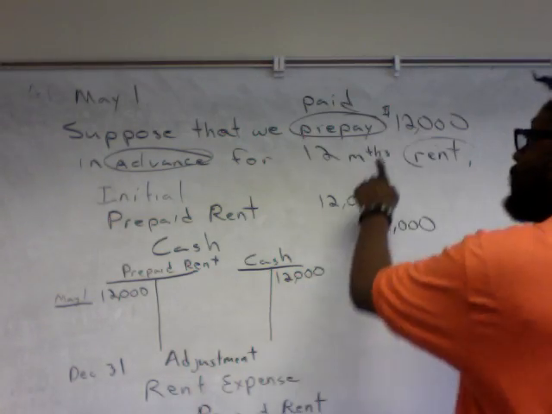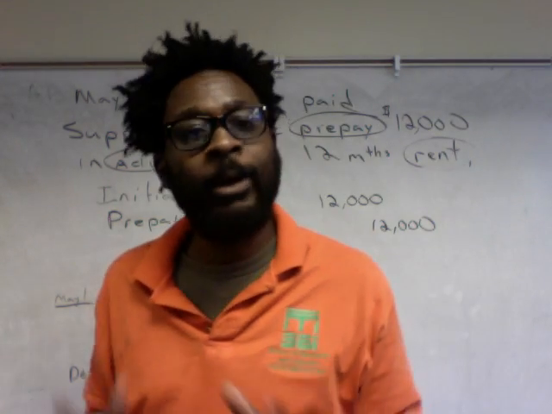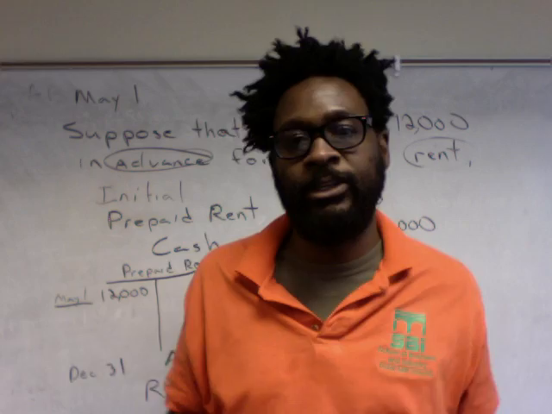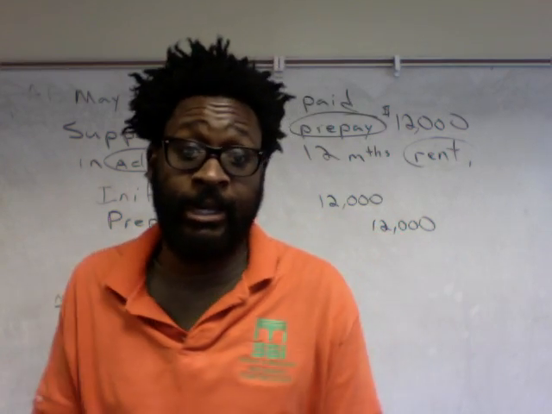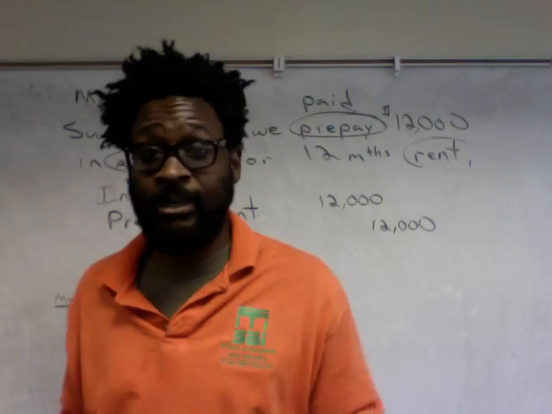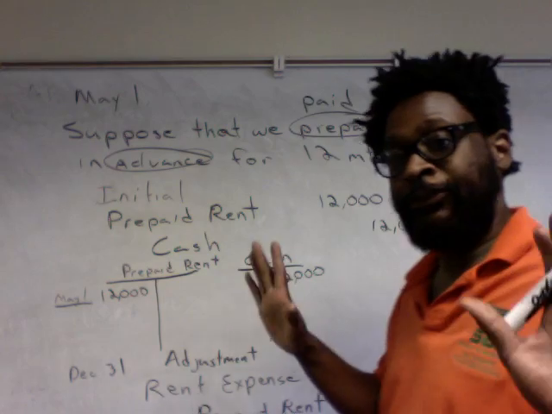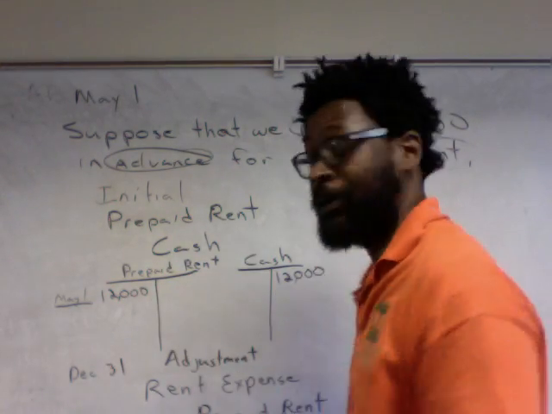And so initially we paid for 12 months. $12,000 for 12 months. So I did that to make it real systematic for you. $1,000 a month is the rent, obviously, right? But we can calculate that because we've already figured out that it was 8 months that's passed.